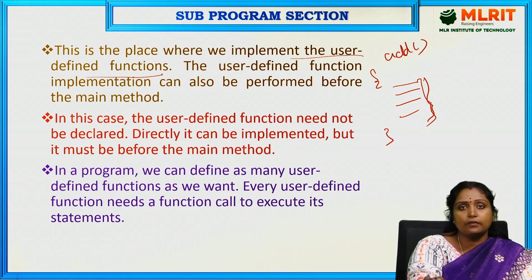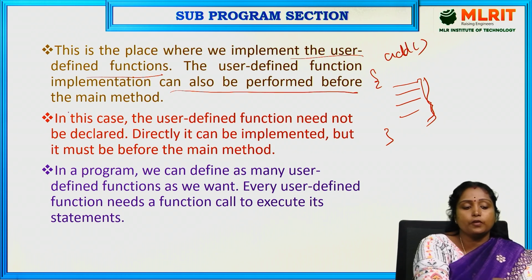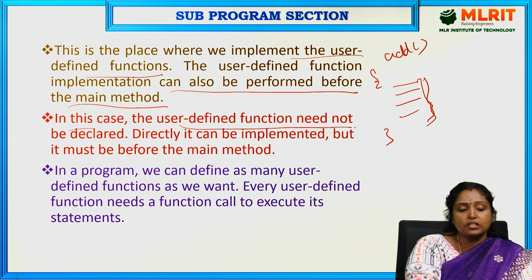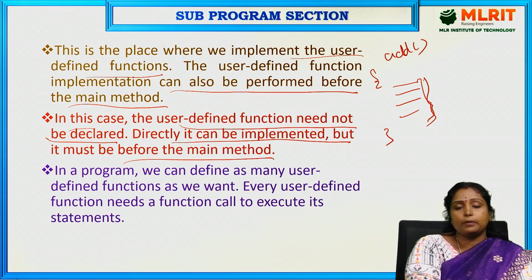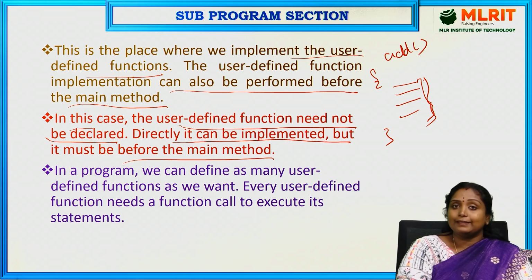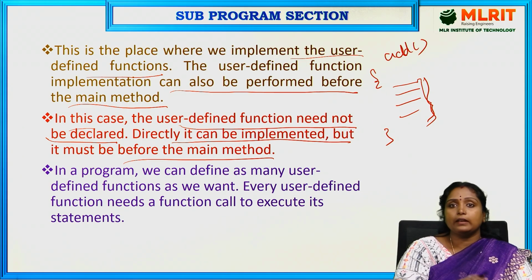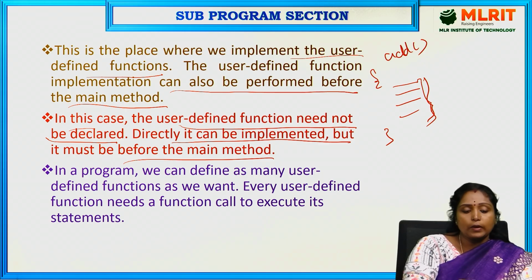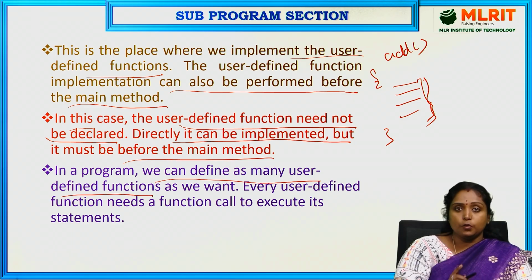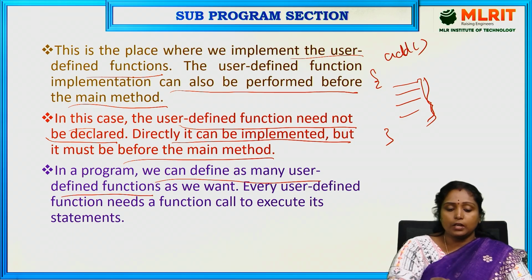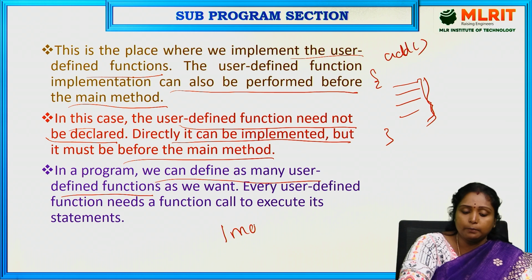The user-defined function implementation can also be done before the main method. In this case, the user-defined function need not be declared, so it can be implemented directly before the main method. But the execution starts with main, and only when main calls this function does the function execute. We can define many user-defined functions.